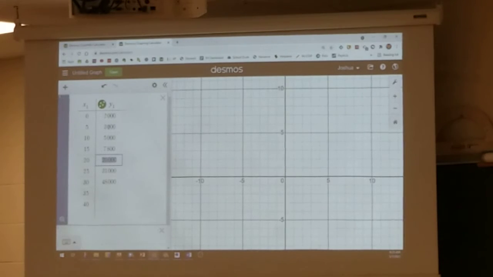The reason we don't see these numbers is because the window doesn't really match with these big thousands. So we'll fix that next.